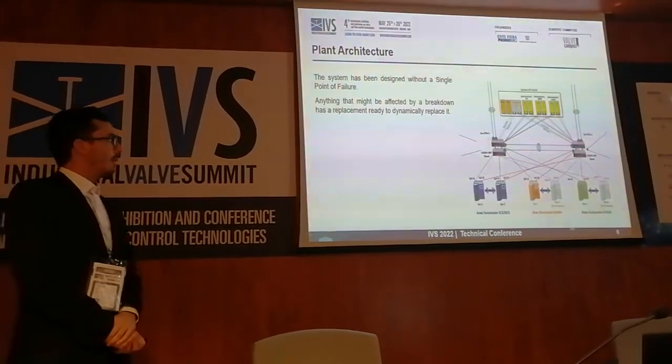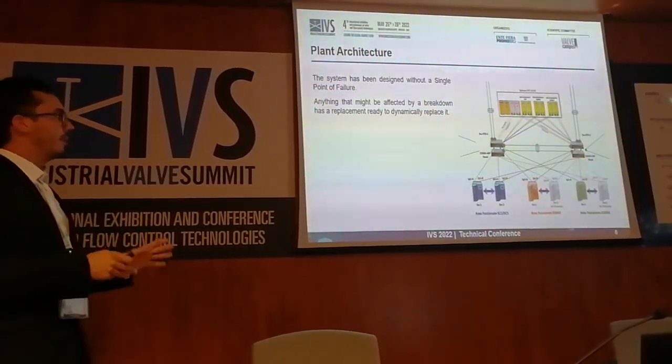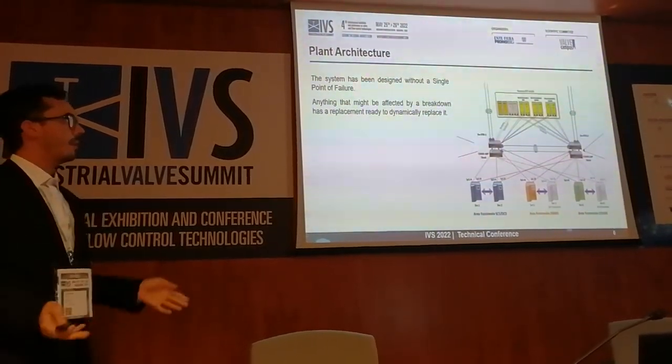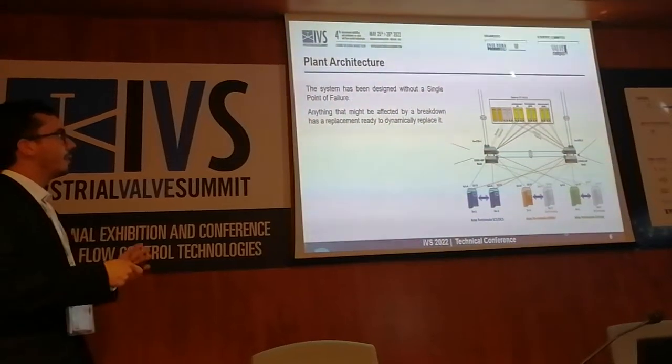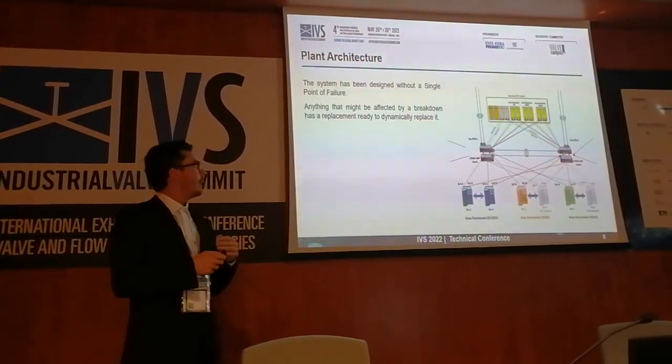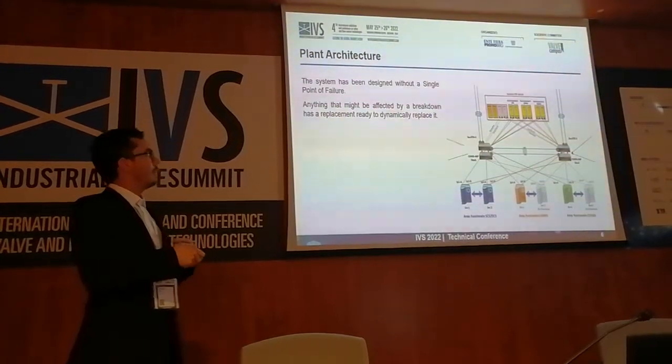Okay, so here in this architecture we can see how it works in terms of single point of failure of some equipment. That is not only the one that we were talking about at the very beginning, but also in terms of network communication.